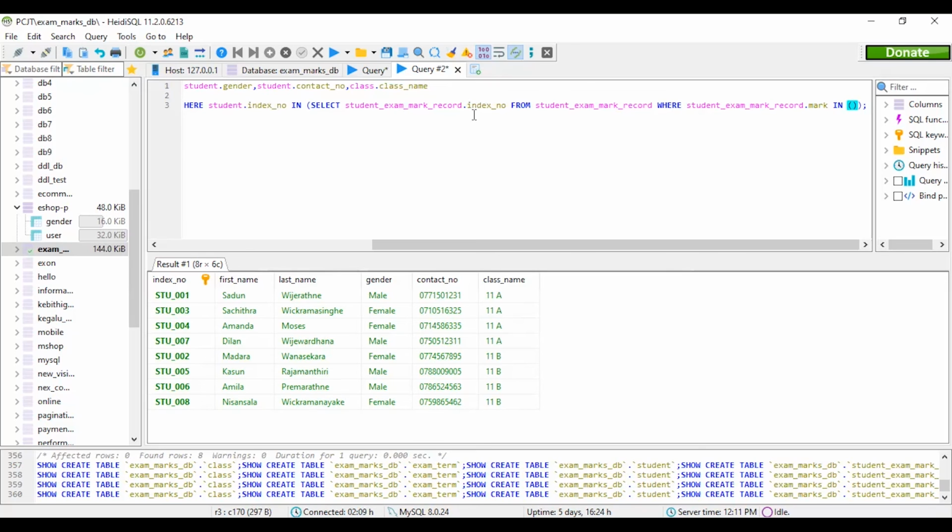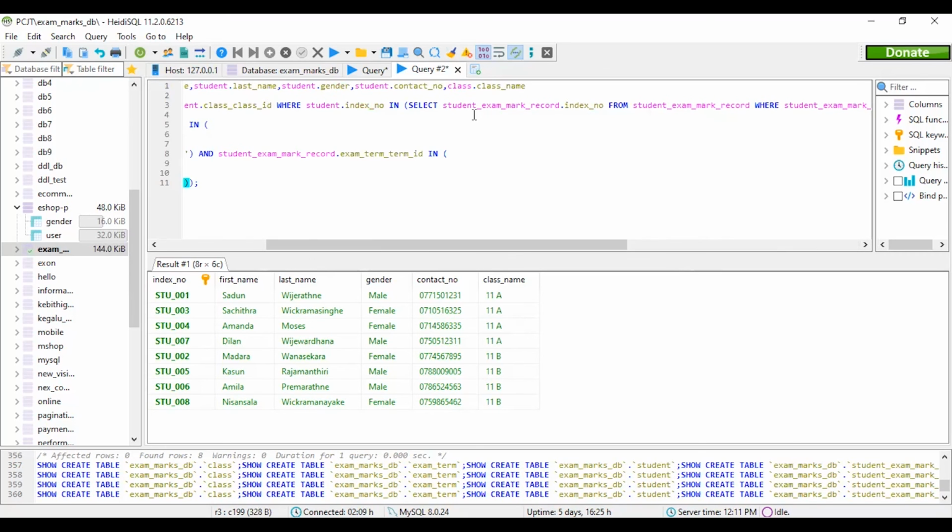And here we are using the same search query we have used in our previous question to get the minimum mark, which means the lowest mark of mathematics in the 2020 July 10th examination. And the query we're going to give is this.